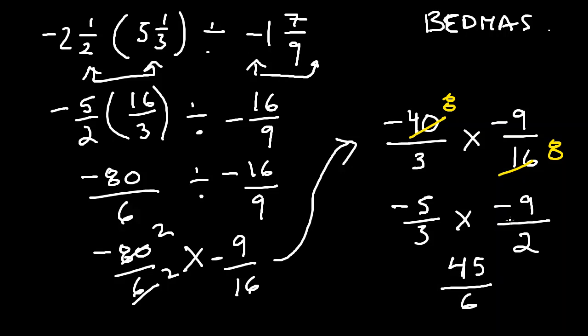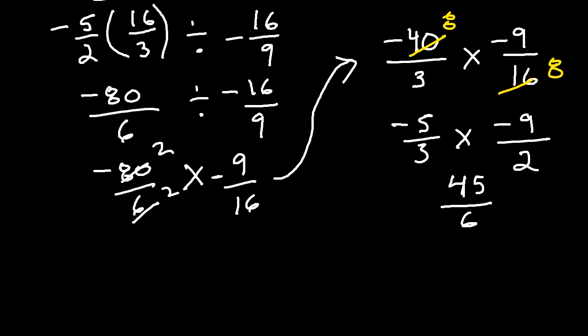Because 9 times 5 is 45 and 3 times 2 is 6. So this is our answer for this problem. However, notice that this is written as an improper fraction.